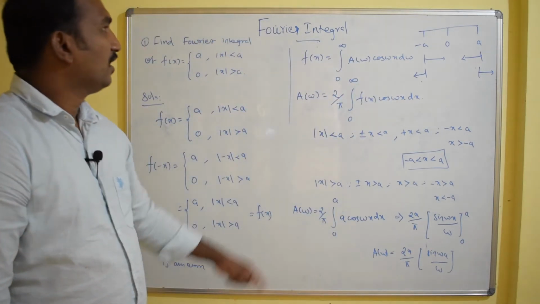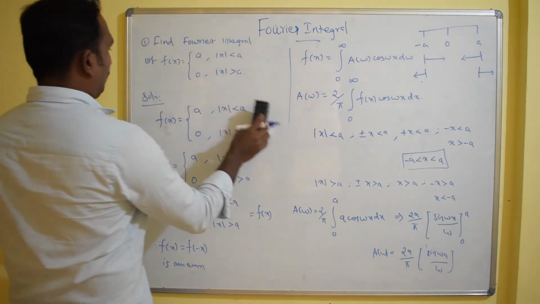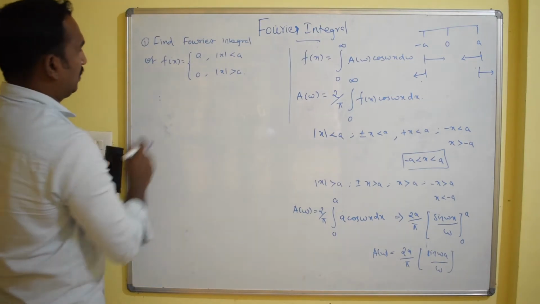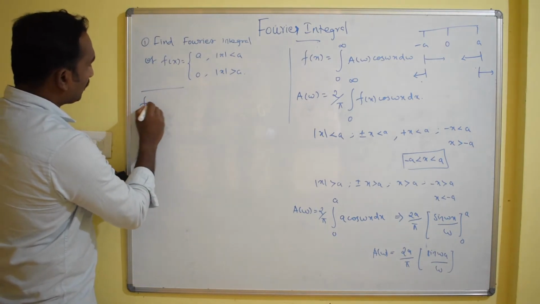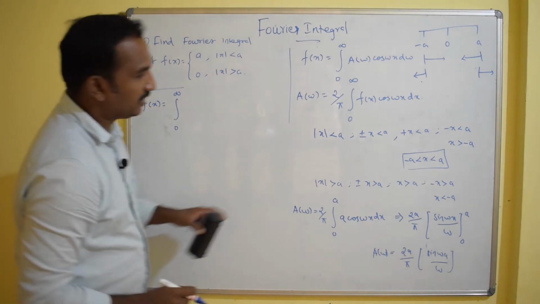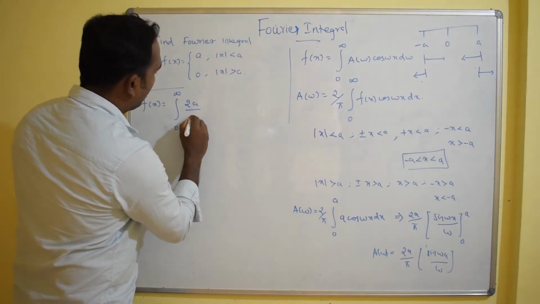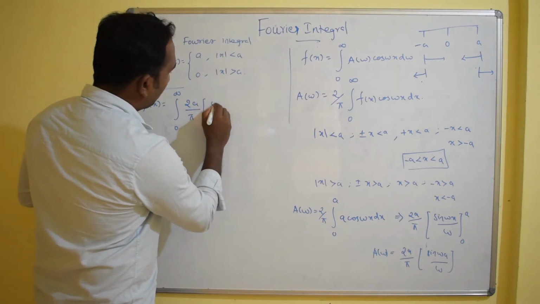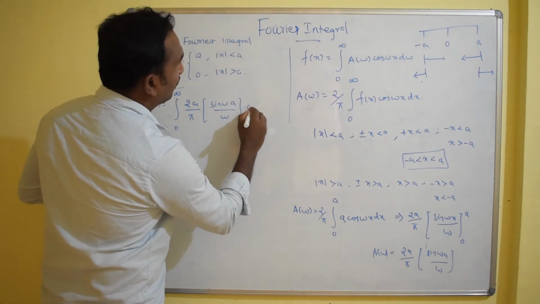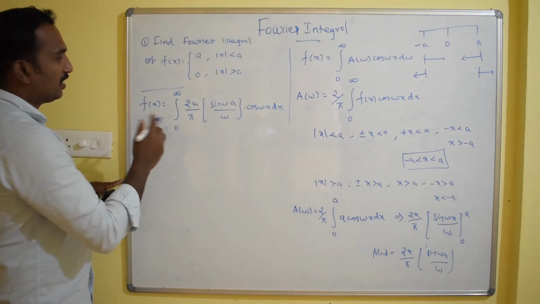Now substitute a of omega in the first equation. So you will get f of x is equal to the integral from 0 to infinity of 2a by pi into sin omega a divided by omega into cos omega x into d omega. If you have any constant, just take it out.